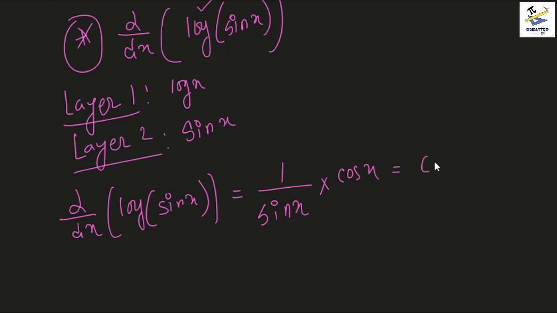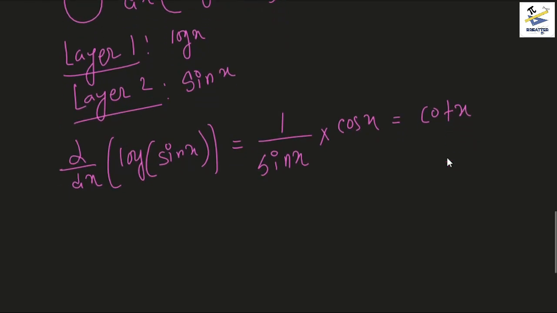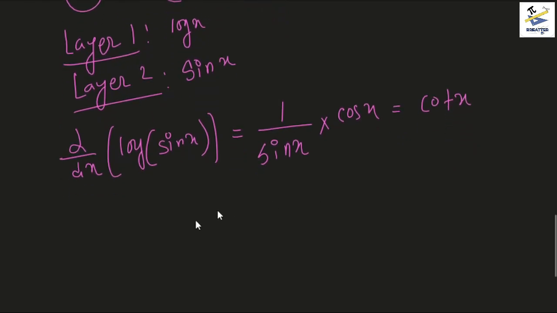And cos x by sin x is simply cot x. So you see, we have got the answer. d/dx of log sin x is just cot x. Okay, so this is not really a very hard one to be done. Let us move to other examples.